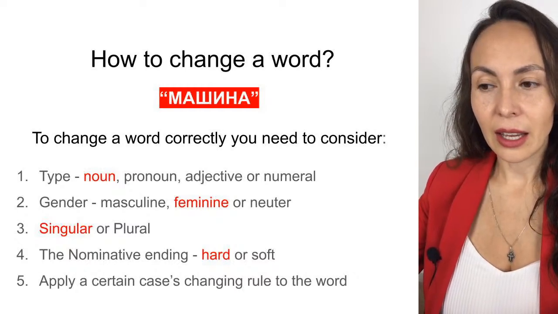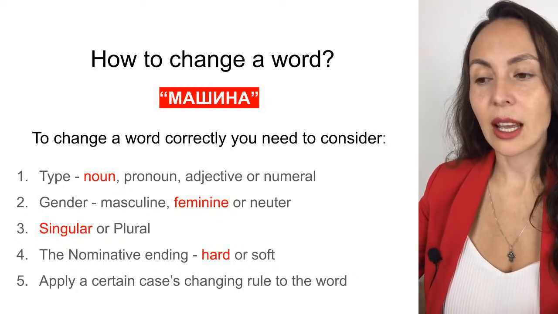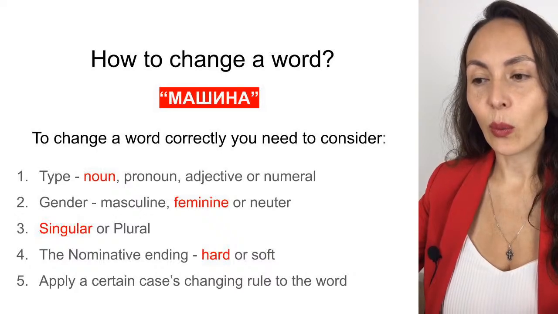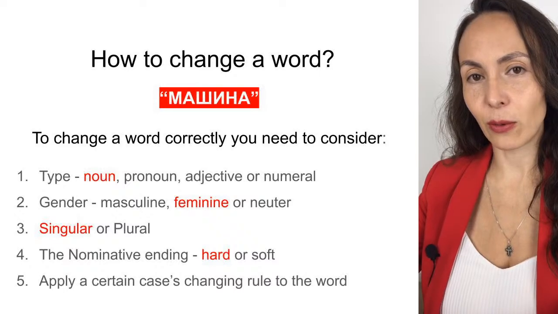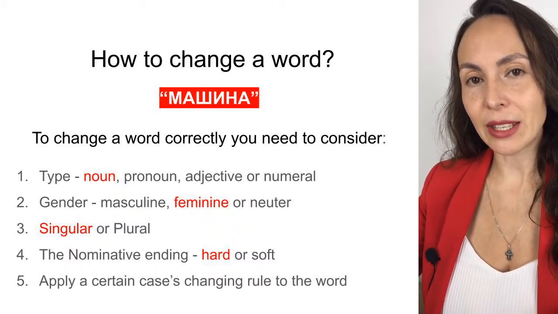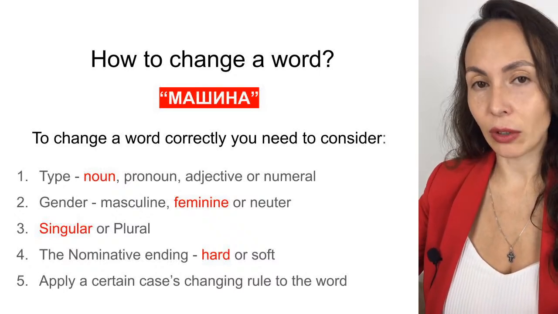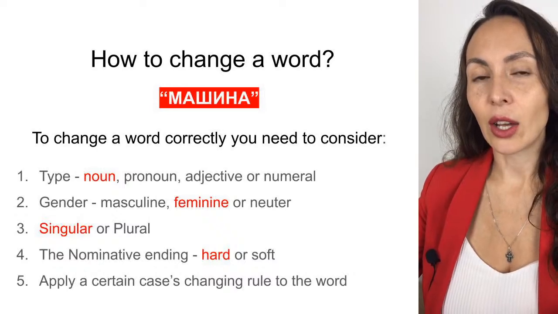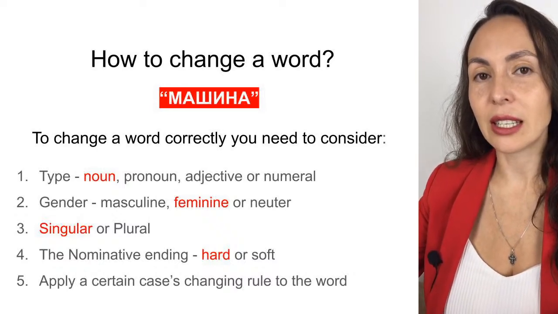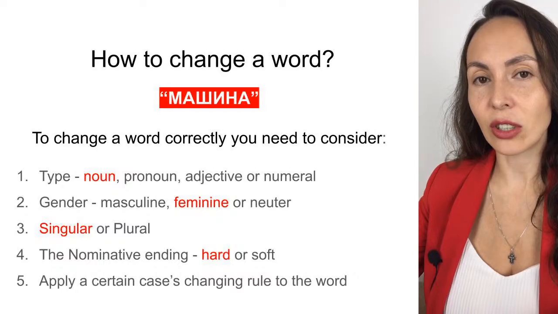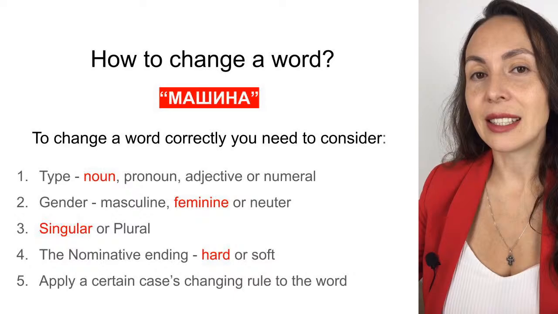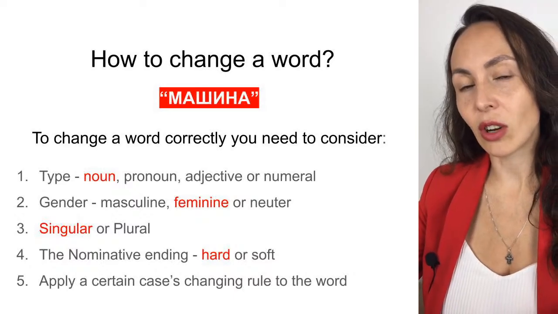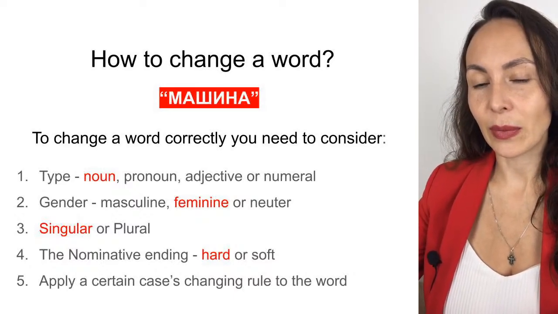Then you need to know what the nominative form is, the basic form. It's the vocabulary form, as they say. You find words in the dictionary in the nominative form. So this is the 0 form that we start from.